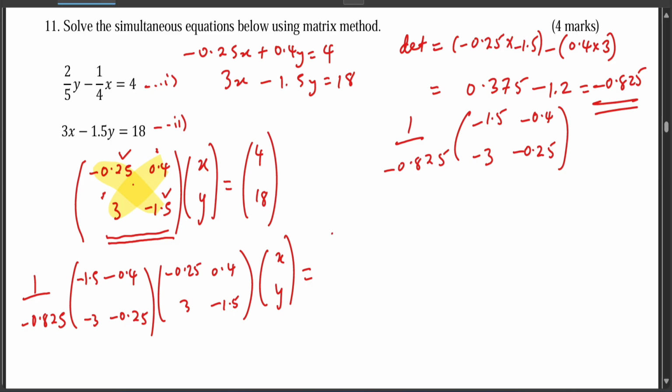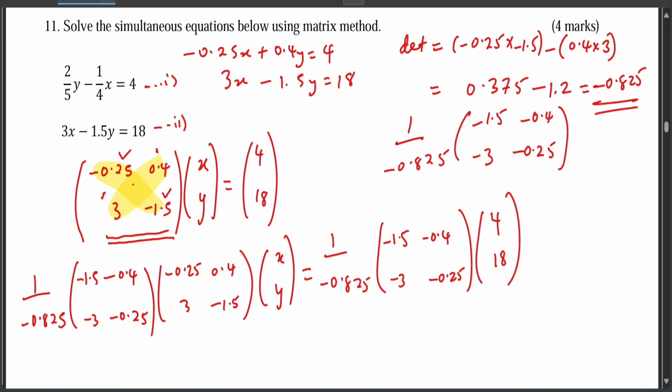So 1 over negative 0.825 multiplied by negative 1.5, negative 0.4, negative 3, negative 0.25, then also multiplied by 4 and 18.